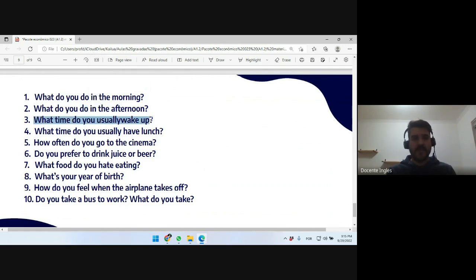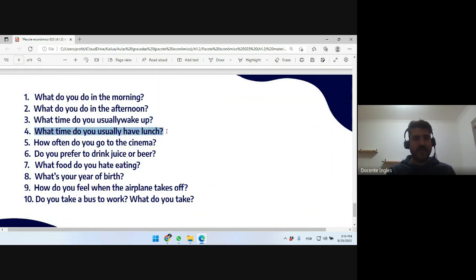What time do you usually wake up? Então, aqui tem um espacinho. O usually é uma palavra e o wake é outra. What time do you usually wake up? I usually wake up at 9 a.m. Então, ficaria I usually wake up at, preposition of time, e o horário.